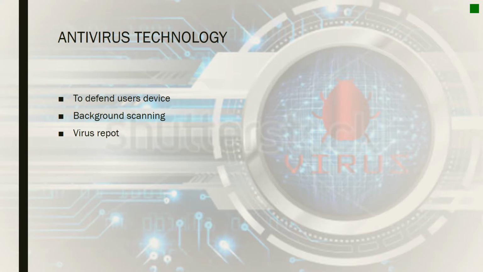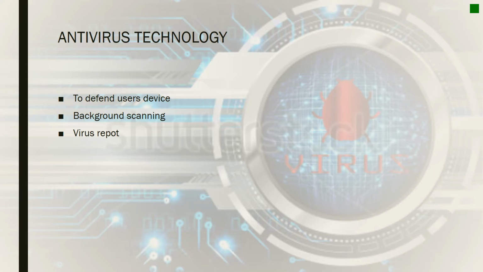Full system scans are essential when users install antivirus software for the first time, or when you have updated your antivirus software. This is done to make sure that there are no viruses hidden in your system.